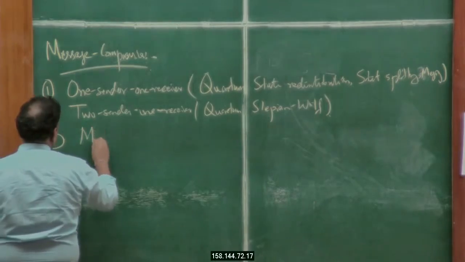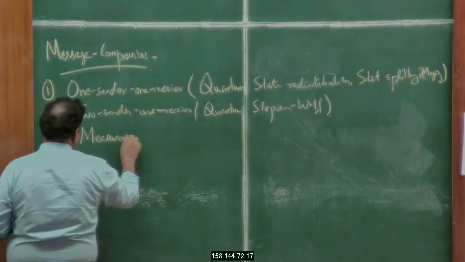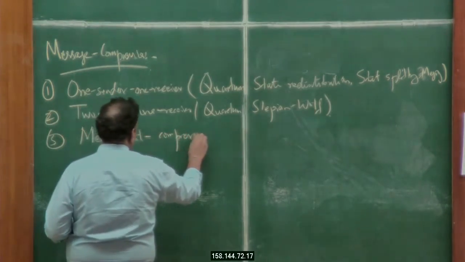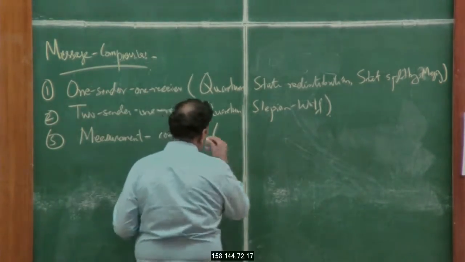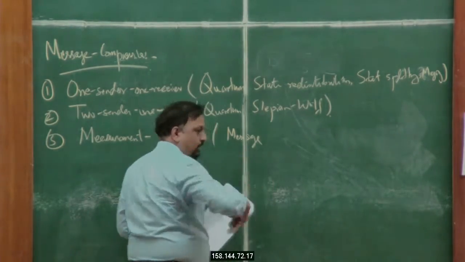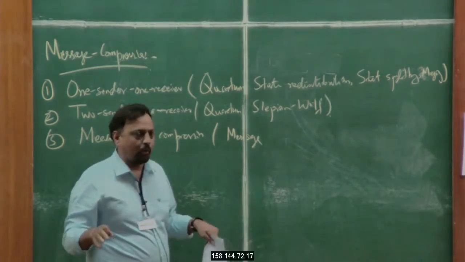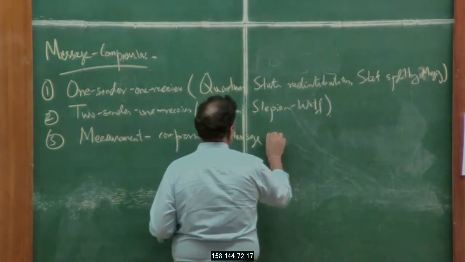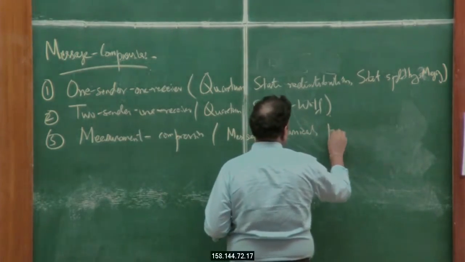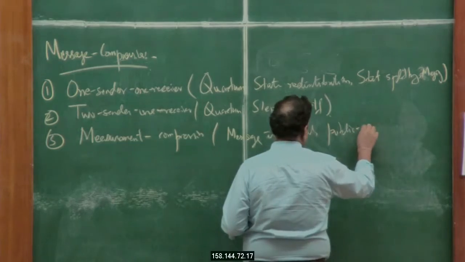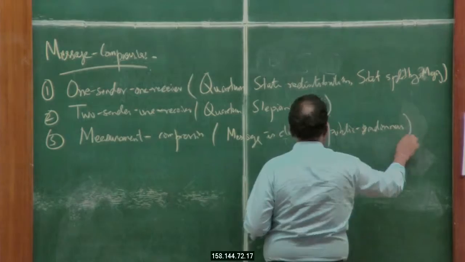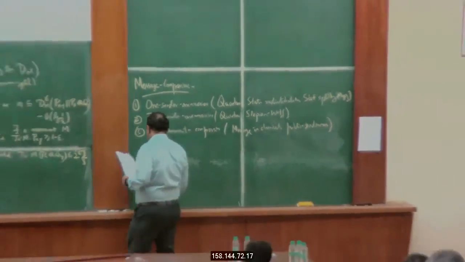And then there is another intermediate between quantum and classical setting called measurement compression, in which the message is classical. The rest of the operations are quantum, the side information is quantum, but the message is classical, and also the shared resource is only public randomness and not quantum entanglement.